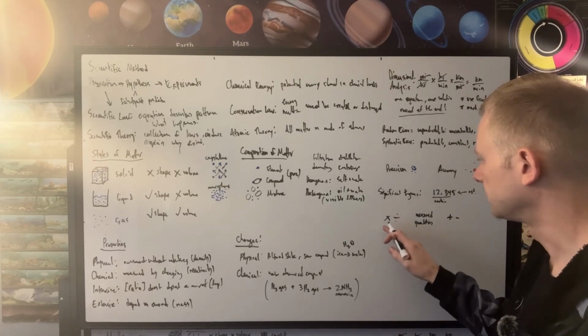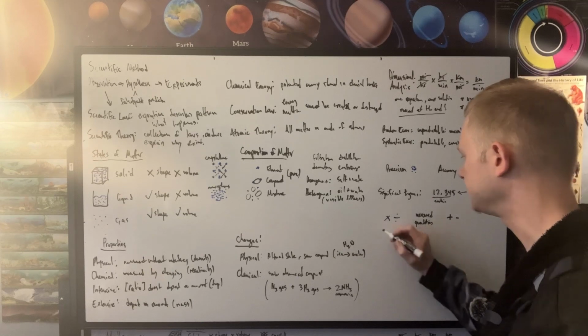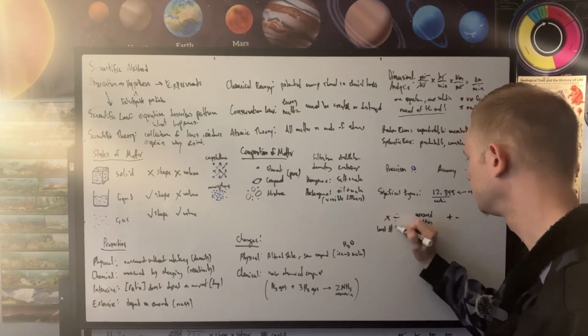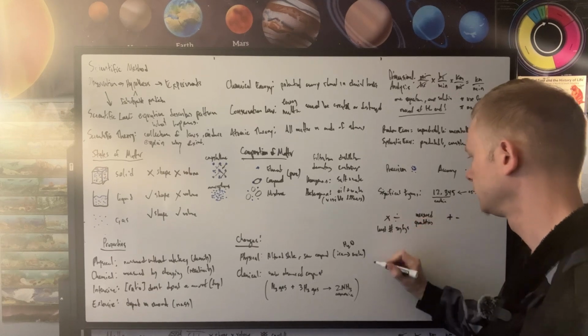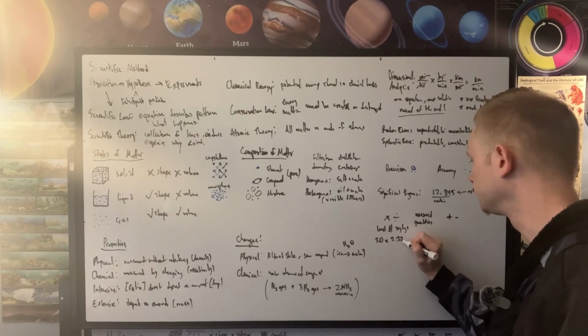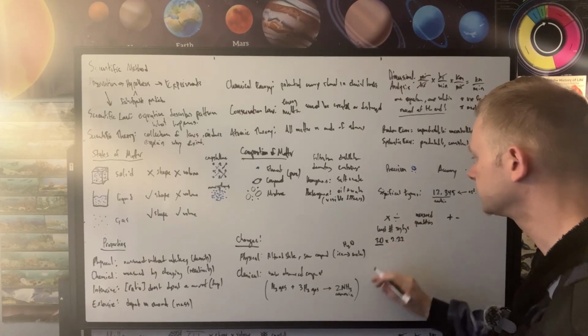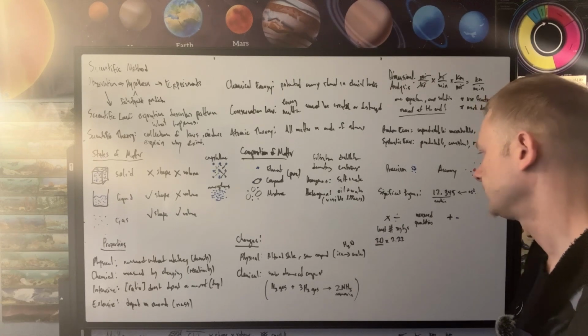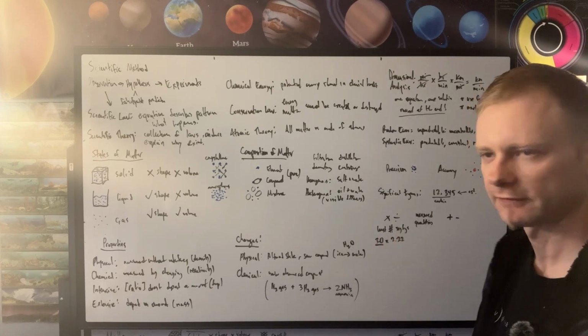So let's say we're multiplying or dividing measured quantities. We're going to focus on the least number of sig figs. So let's say we had a 3.0 multiplied by 2.22. This one has 2 significant figures, therefore the answer is going to have 2 significant figures. This one has 3. We're focusing on the least number of significant figures.